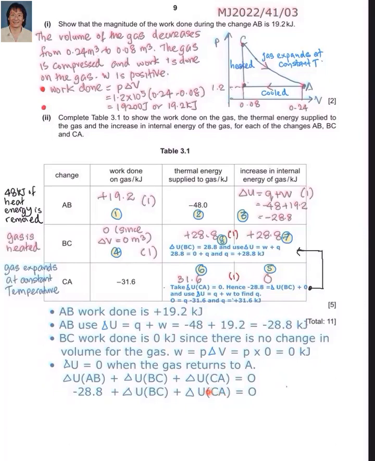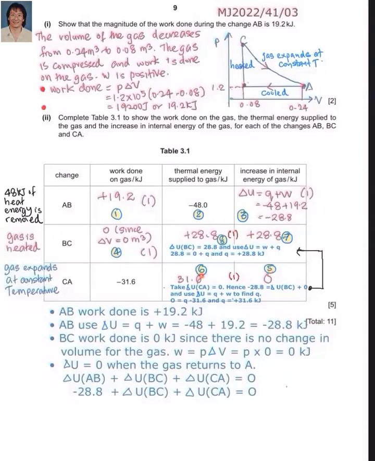Temperature is constant, therefore the internal energy has no change. Therefore, you can find your delta U for BC, the change in energy for BC, which is 28.8. So this will be 1 mark, 1 mark, 1 mark. These two will be 1 mark. Numbers 7 and 8 will be 1 mark. Then 7, 5, and 6 will be 1 mark.